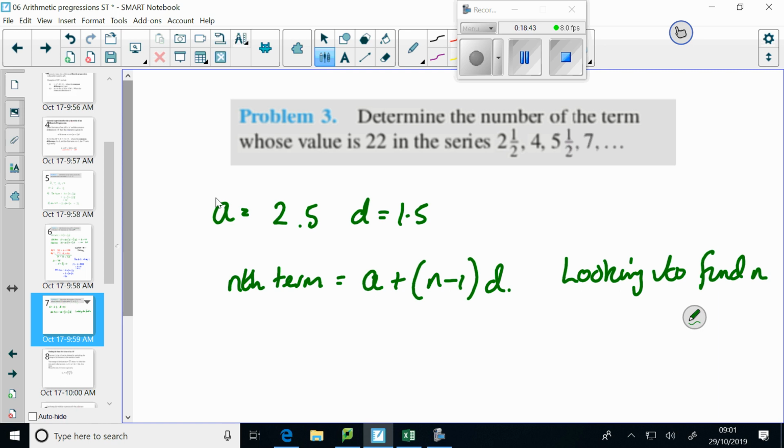So how do we rearrange that formula to find n? Where do we start?